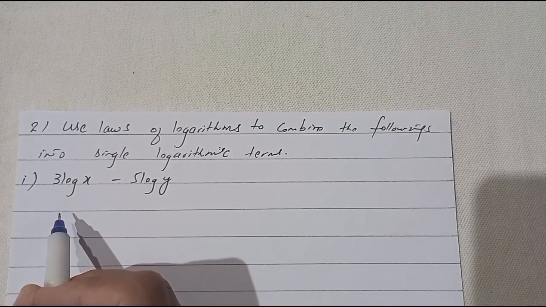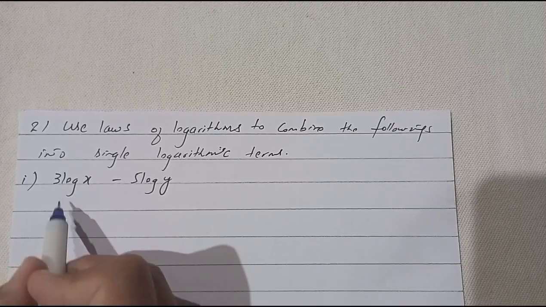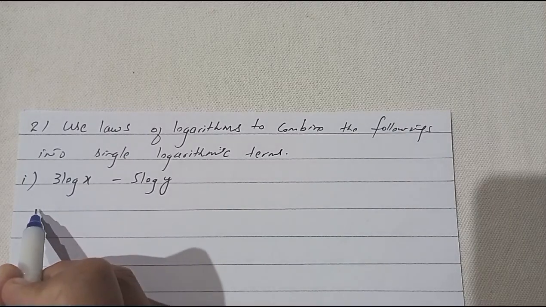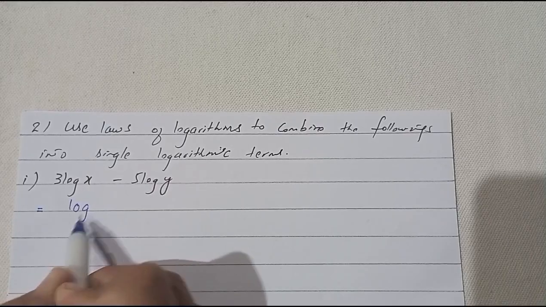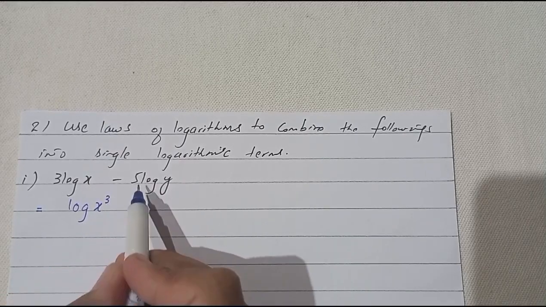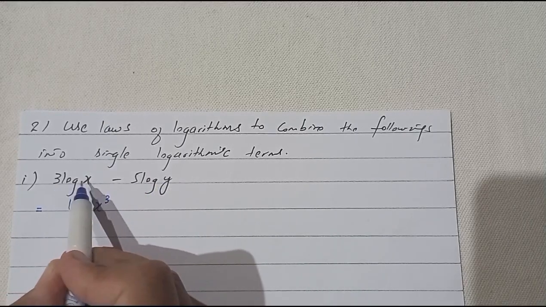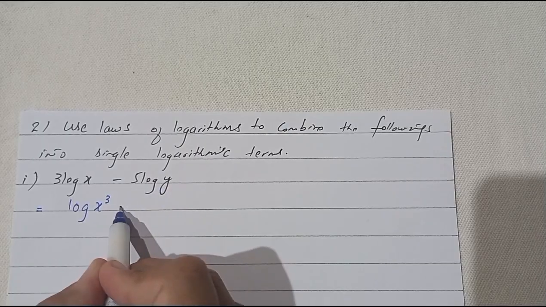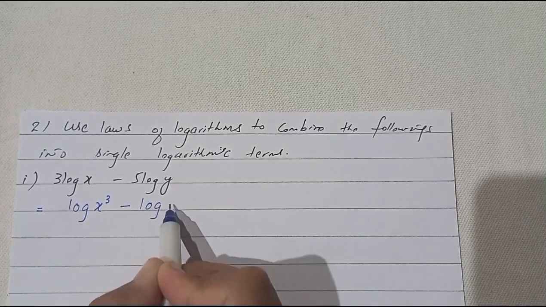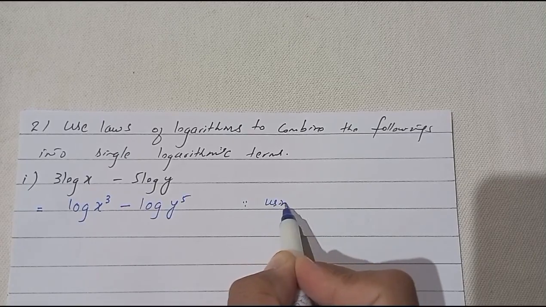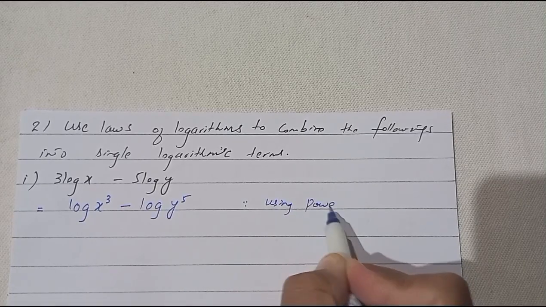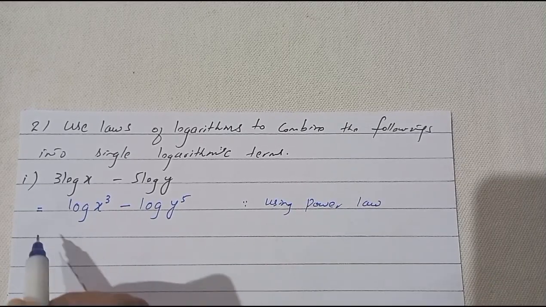First, using power law of log, we write the powers: as 3 is the power of x, we write it as log x power cube minus log y power 5 using power law.